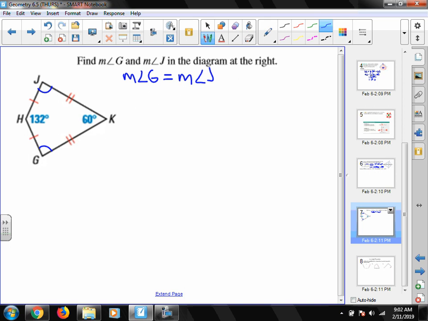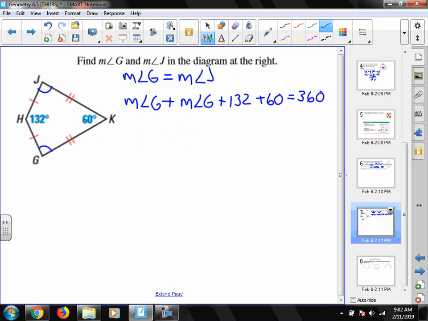So the angles I'm going to work with, I'm going to put everything in terms of the measure of angle G. So I'm going to go the measure of angle G plus another measure of angle G, okay, substituting that in for J, plus 132 plus 60 has to equal 360.